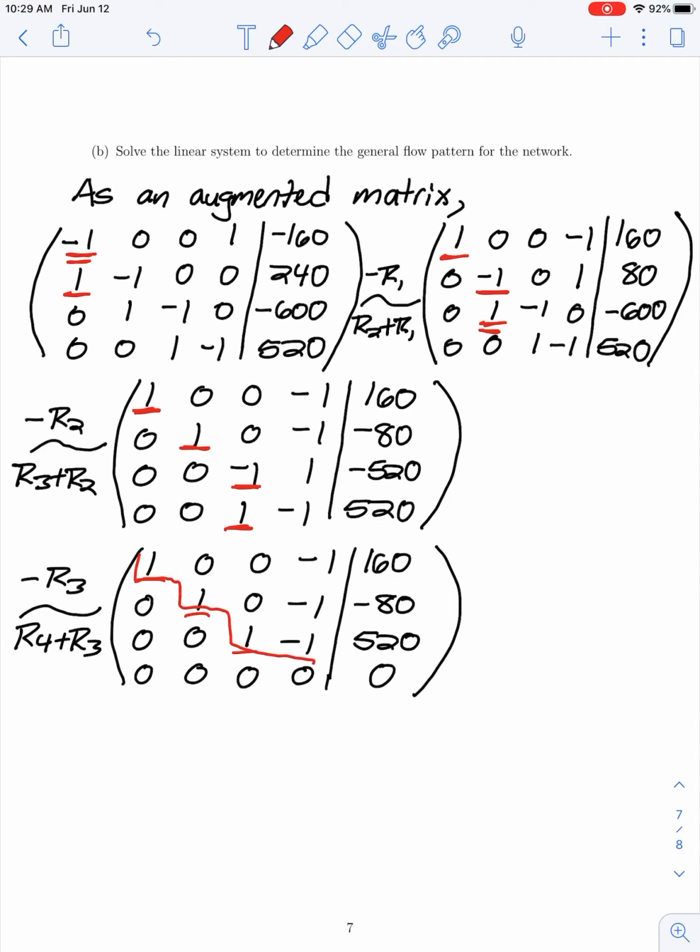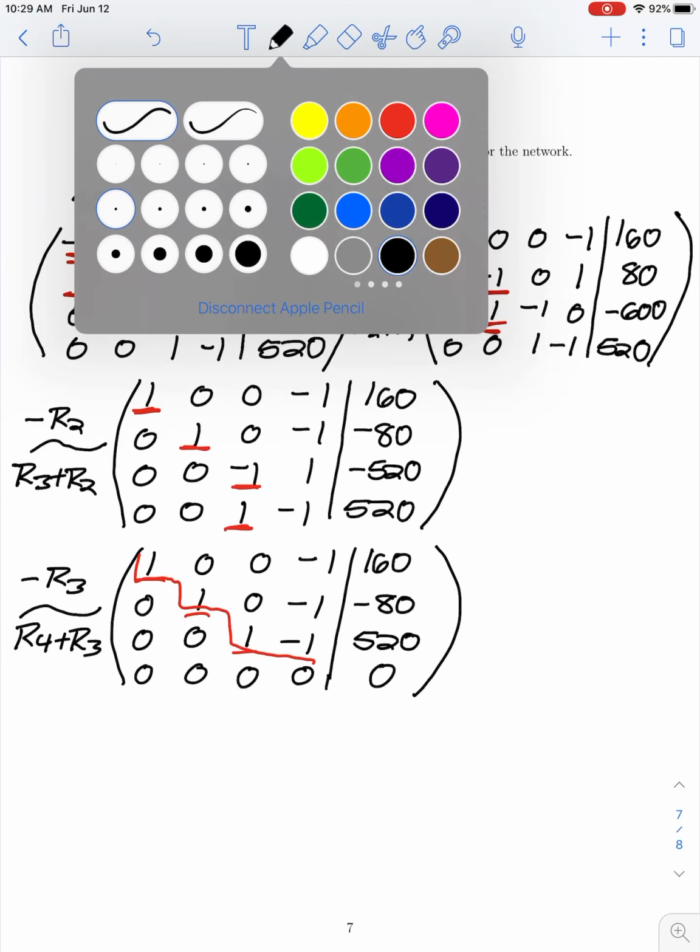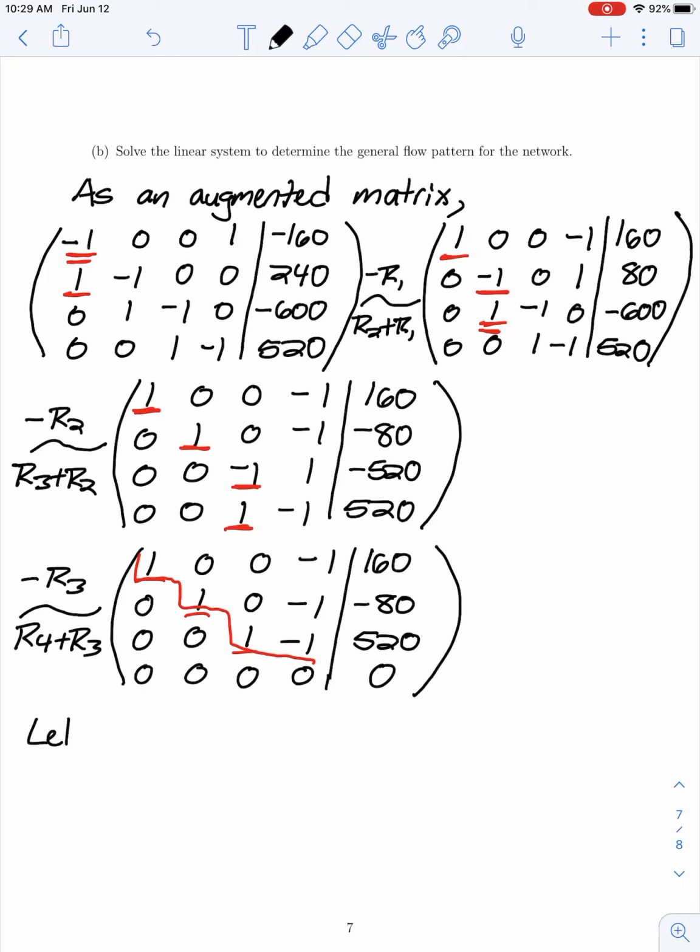So this matrix is in reduced row echelon form, and we see that our fourth column corresponding to x4 does not have a pivot. Therefore, we could let x4 be a free variable. So here we will let x4 be a free variable.